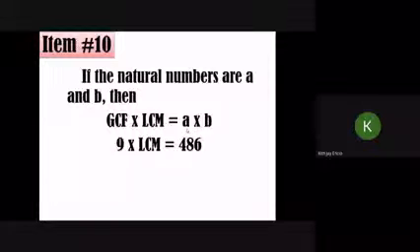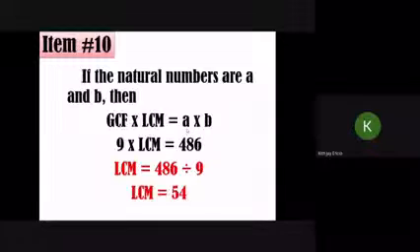So 9 times the LCM is 486, and to get your LCM, of course, you have to divide both sides of the equation by 9. And so 486 divided by 9 is 54. Thus, the correct answer here is letter A.